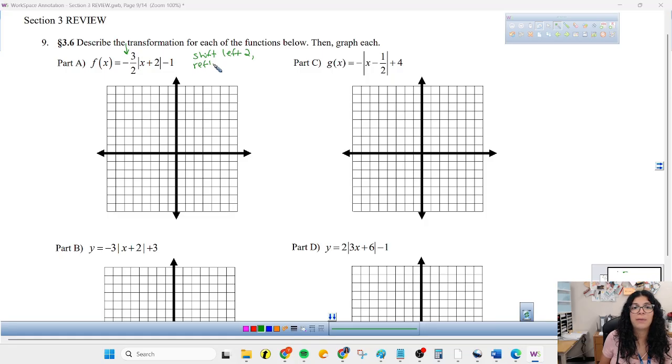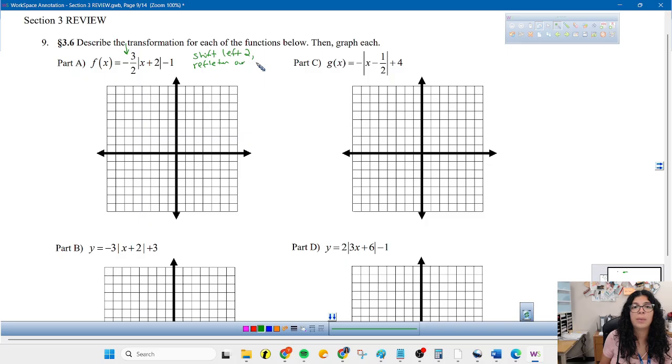So it is both a reflection over the x-axis and a vertical stretch, because 3/2 is a number bigger than 1, by a factor of 3/2. And then lastly, subtract the 1, which is going to be a vertical shift down 1.